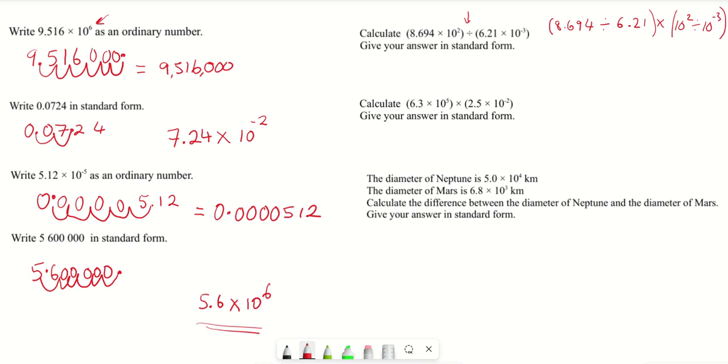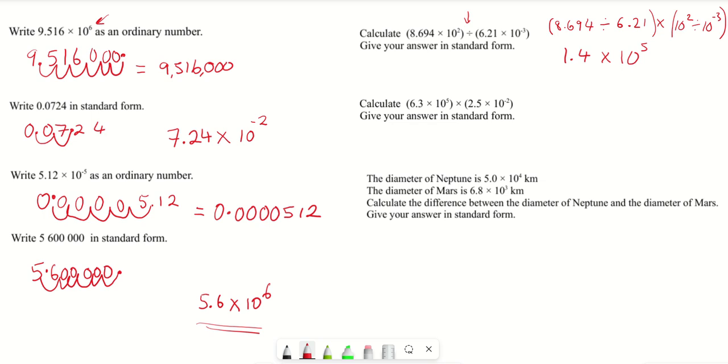So when we divide these numbers, we can put them in the calculator, we get 1.4. And if we look at the powers of 10, well, we can actually use the indices rule. So when we're dividing and the base numbers are the same, we actually take away the power. So it becomes 2 take away 3, 2 take away negative 3. So we end up adding those powers. So it's times 10 to the power of 5. Now that is a correct answer because 1.4 is between 1 and 10.